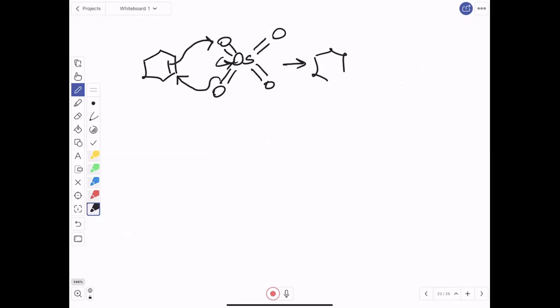And this intermediate, a cyclic osmate ester, will form. So you can see both oxygens will add in one step to the same side of the double bond.